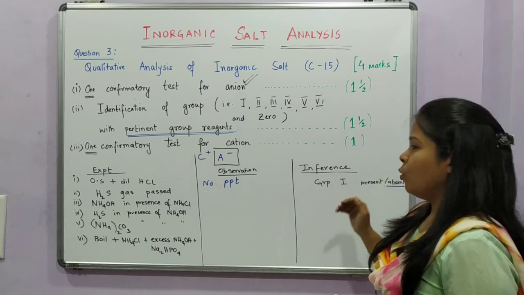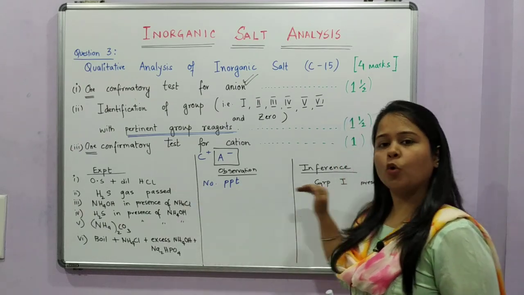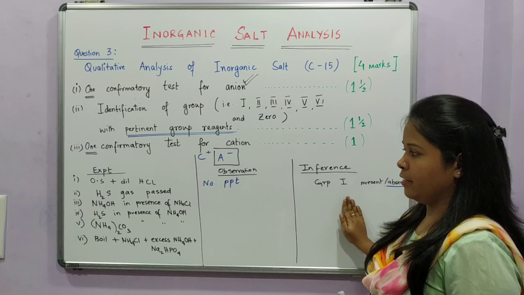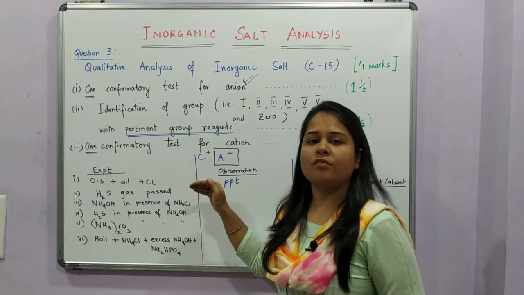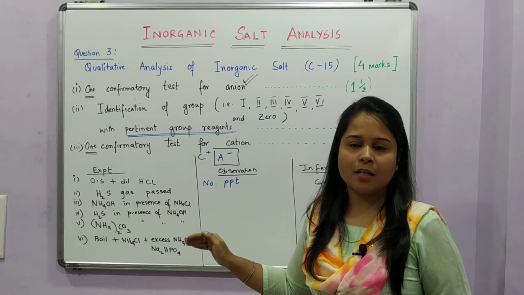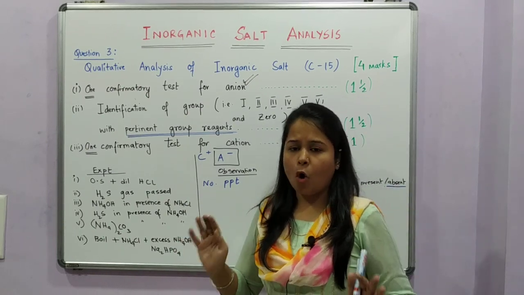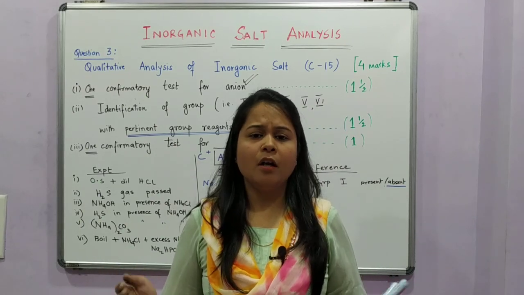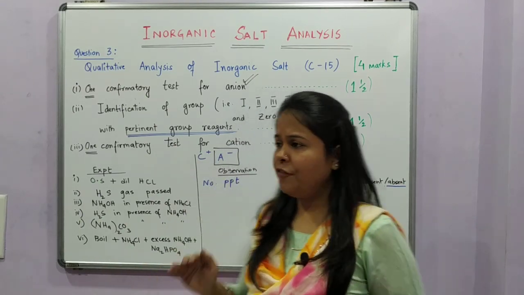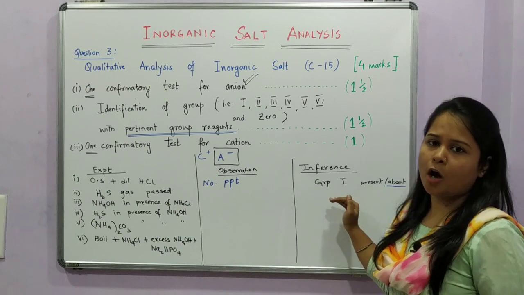Now, suppose you have landed in group 2 and it is shown present. Do we perform the analysis for group 3, 4, 5, 6? It is optional, in the sense you will not be awarded any marks for it. So why waste time? If you get group 2 present, we stop there.